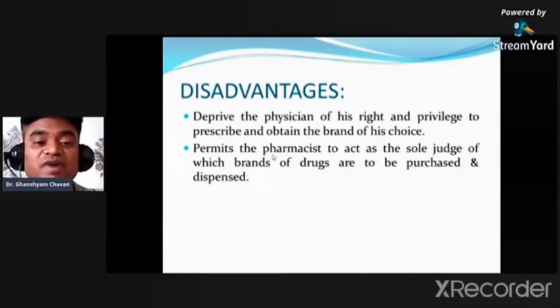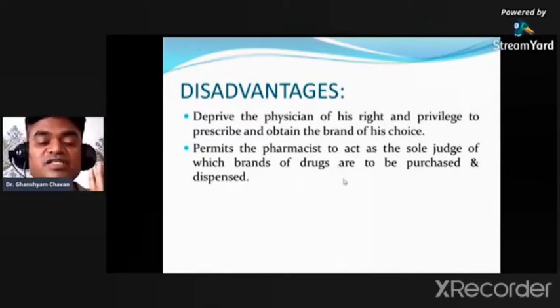there the pharmacists are really doing pharmacy practice, meaning they are becoming clinicians. Only the diagnosis is done by the physician, but the drugs are prescribed by the pharmacist. That's why there the sole judge for the brand or the drug is the pharmacist, because pharmacists know each and every aspect of the drugs.